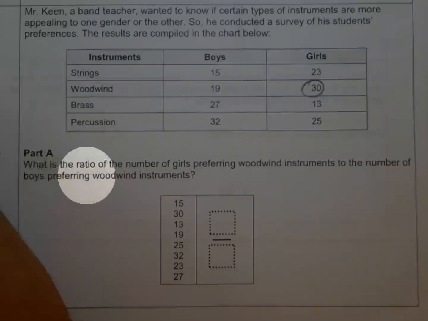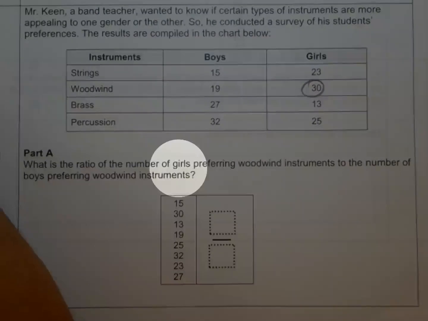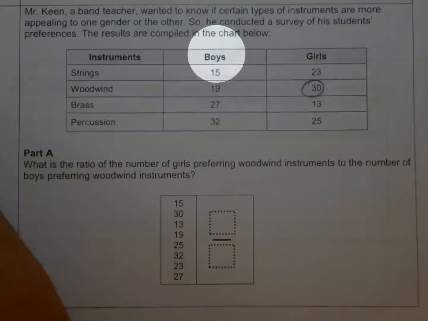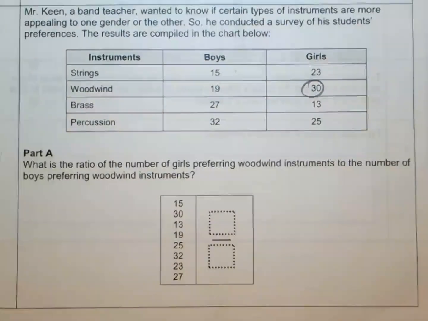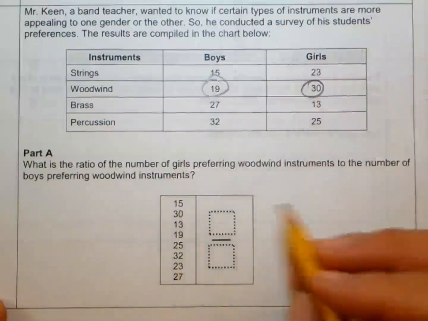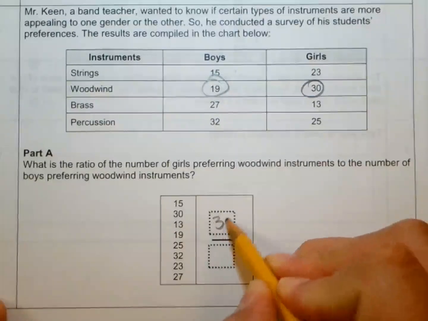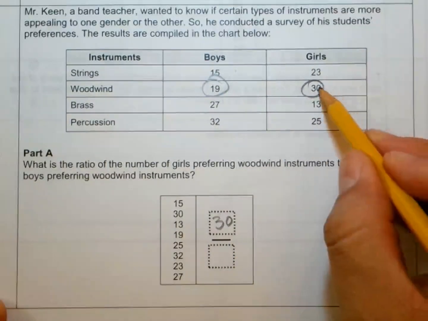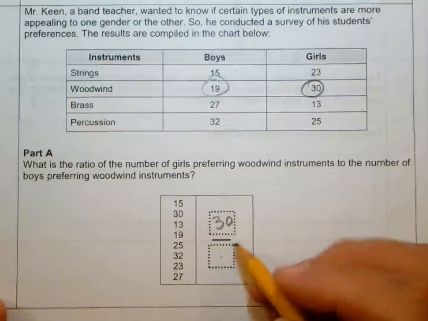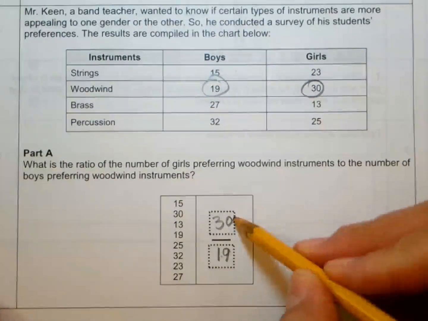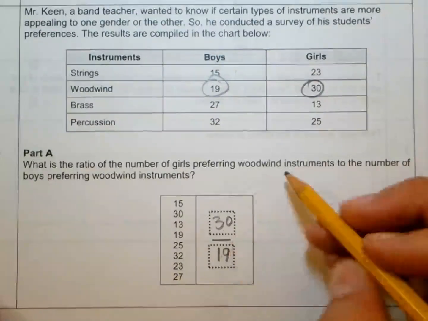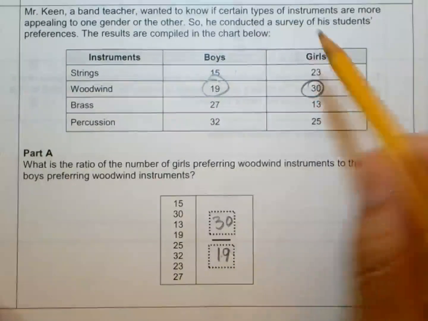Underneath, we're going to input the second group, which is the number of boys preferring woodwind instruments. So we go to the boys group, and since it's woodwind, it's 19 here. The number is 19. So the number 30 goes right here on top, which is the first group, and the second group goes underneath.